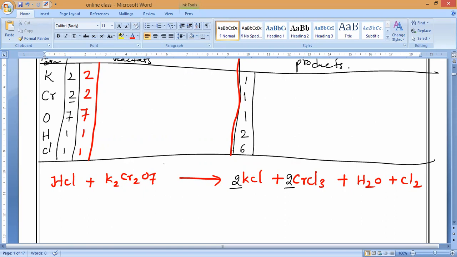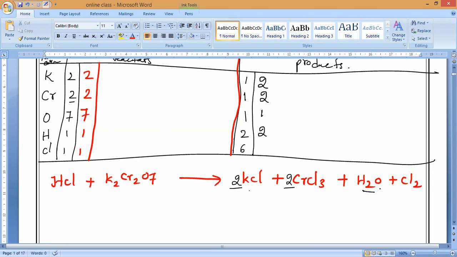Now try to balance. Potassium is 2, chromium also becomes 2. Oxygen no change, 1. Hydrogen also no change, 2.